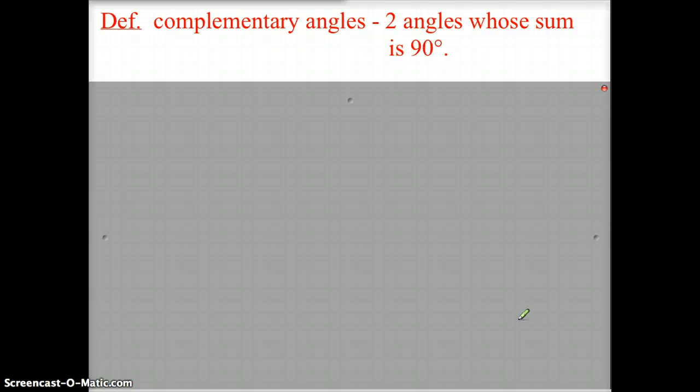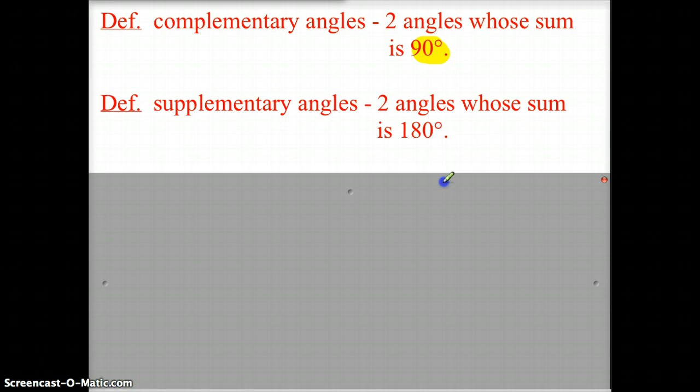Complementary and supplementary angles. We dealt with this in the past, but let's refresh on it. Complementary angles are angles that add up to 90 degrees. Supplementary angles add up to 180 degrees. And the way that I used to remember this when I was younger, I used to think about the dictionary.